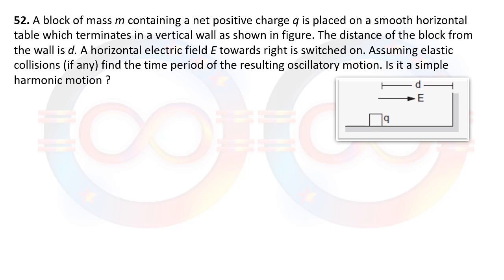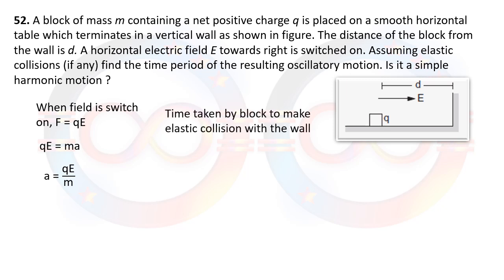So first of all, let us calculate the force acting on the charge. It is QE. Because of this force, the charge is going to be accelerated and it starts moving towards the wall, and it will cover a distance d with some acceleration. Acceleration is QE upon m.